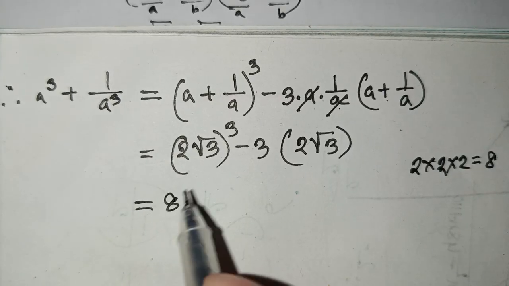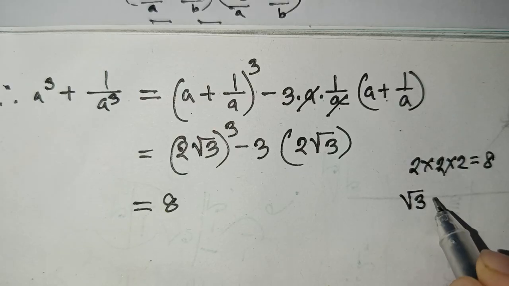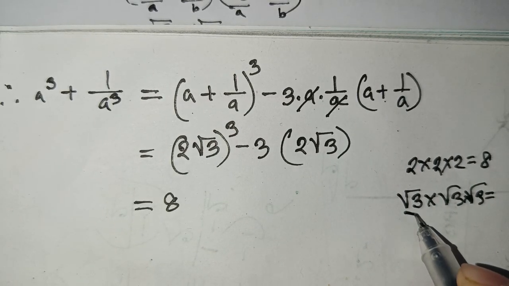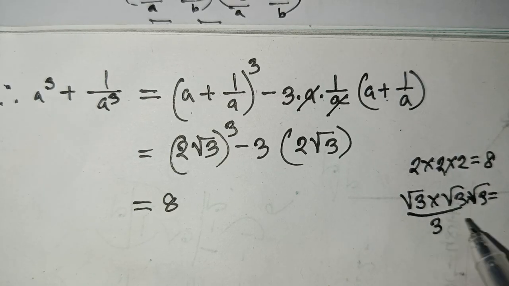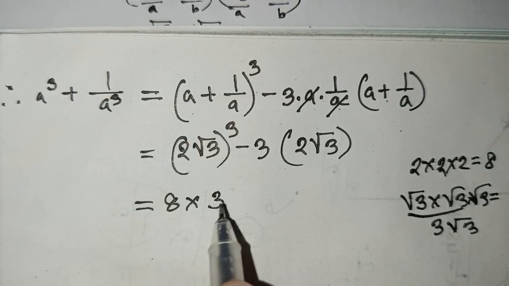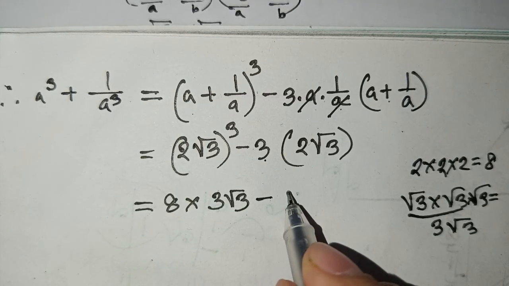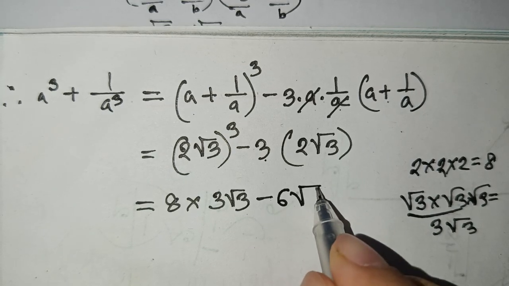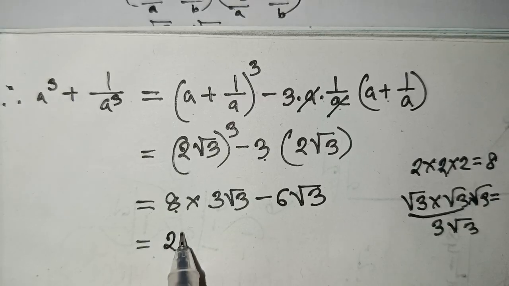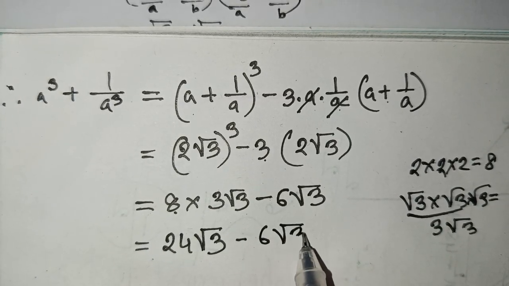So it becomes 8. If we calculate root 3 cube, it becomes root 3 times root 3 times root 3 equals 3 root 3. So 8 times 3 root 3, minus 3 times 2 root 3 equals 6 root 3. 8 times 3 equals 24 root 3 minus 6 root 3.